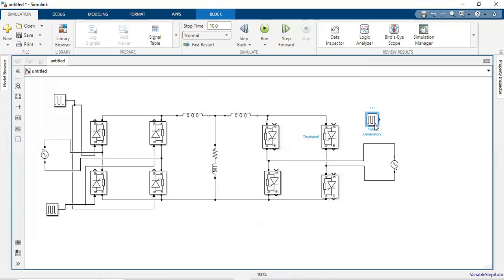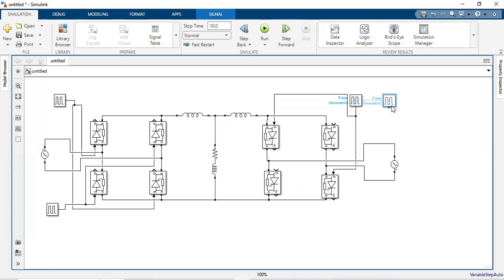So the second converter is fed with a pulse generator of firing angle 120 degree. The first set of switches, this switch and this switch, should be given 120 degree.